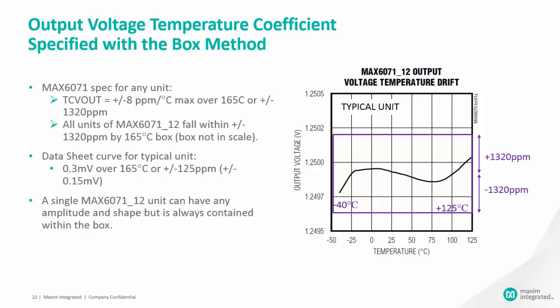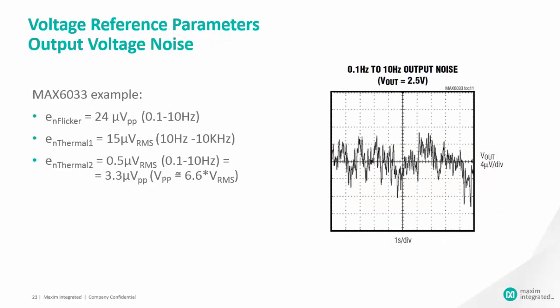All we can say is that a single MAX6071-12 unit can have any amplitude and shape, but is always contained within the plus 1320 minus 1320 ppm box. Tempco can be improved by means of thermal stabilization, whereby the full swing of ambient temperature is countered by means of circuitry or oven. More on the tempco can be found in Maxim's tutorial number 4419.